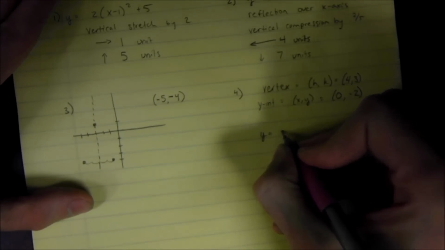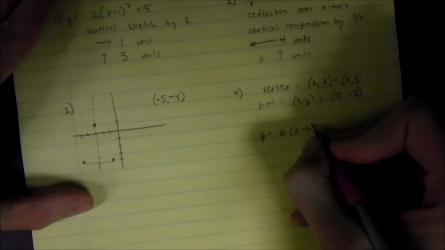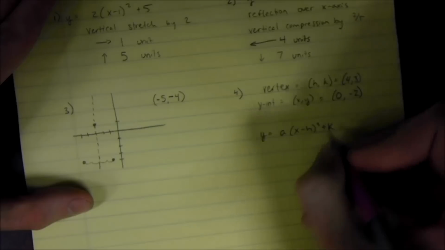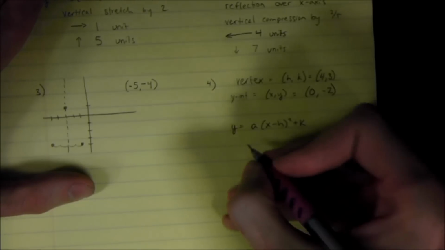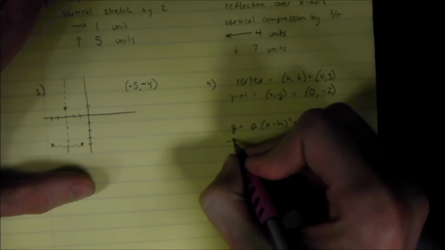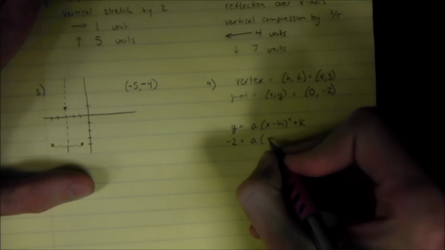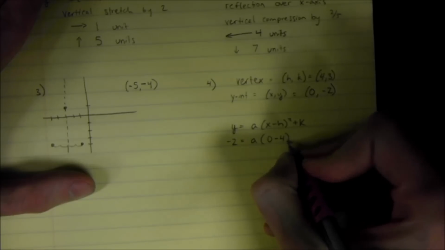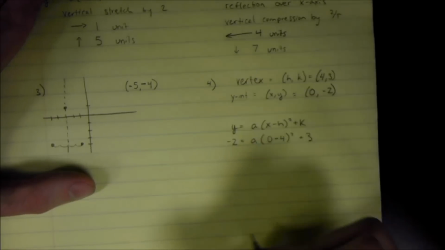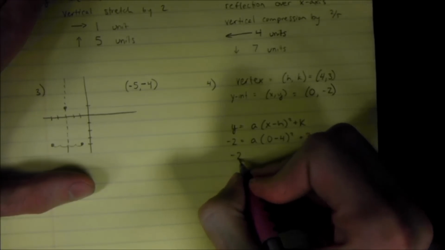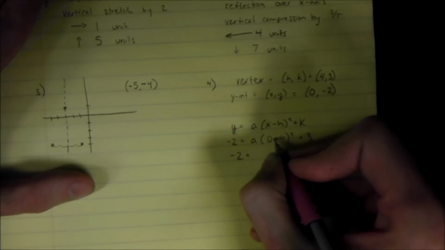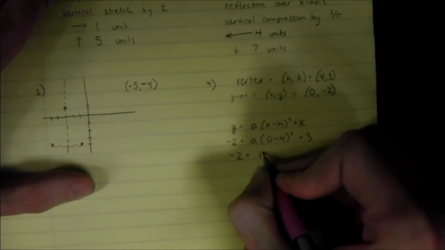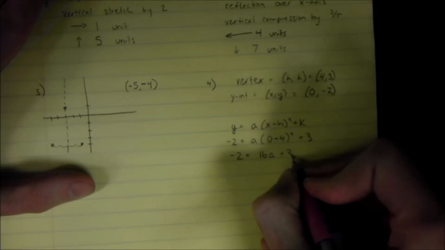So vertex form looks like this. y equals a times (x minus h) quantity squared plus k. So we're going to plug in our x and our y and our h and our k and try to solve for a. So 0 minus 4 would be -4, squared would be 16.